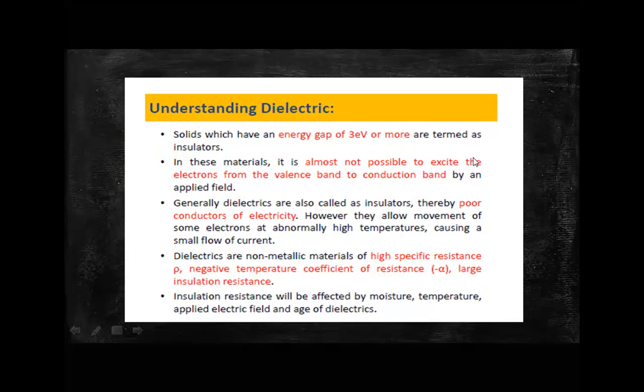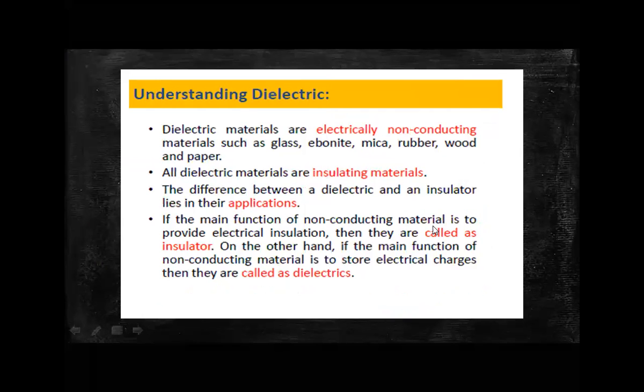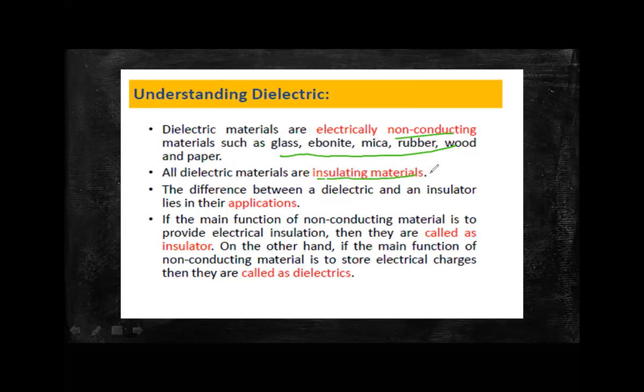So let me go to the next slide. We already discussed this slide also. As I already mentioned, these are non-metals or non-conducting materials. Examples are wood, ebonite, and mica, and they are also called insulating materials.